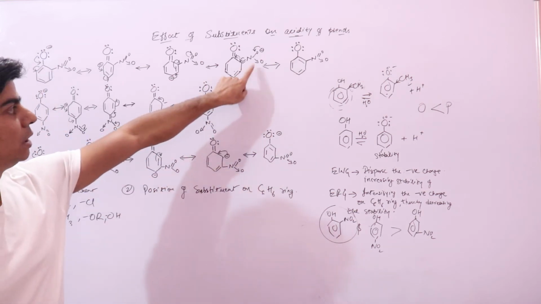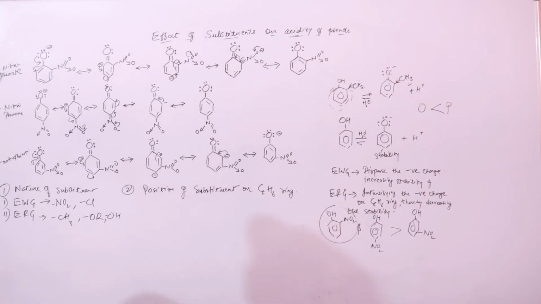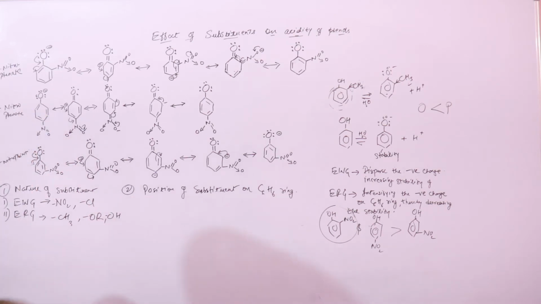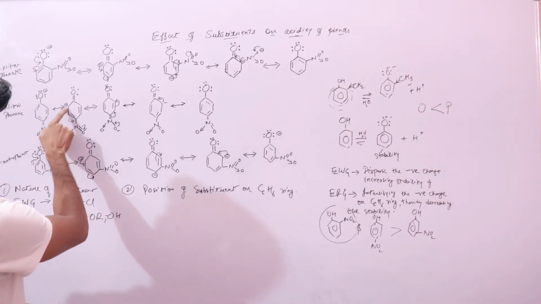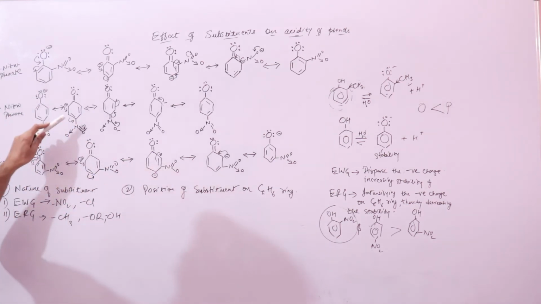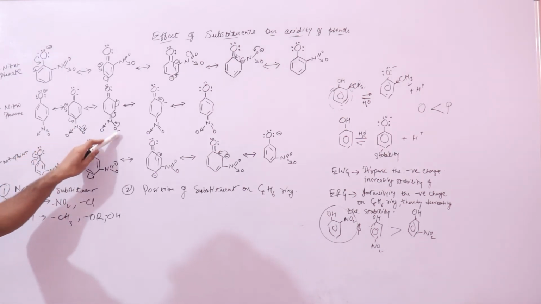Similarly, if you look at the para isomer, when this electron pair moves into the benzene ring, you have a negative charge here, and when it reaches the para position, it goes to this nitro group also, thereby producing a negative charge.